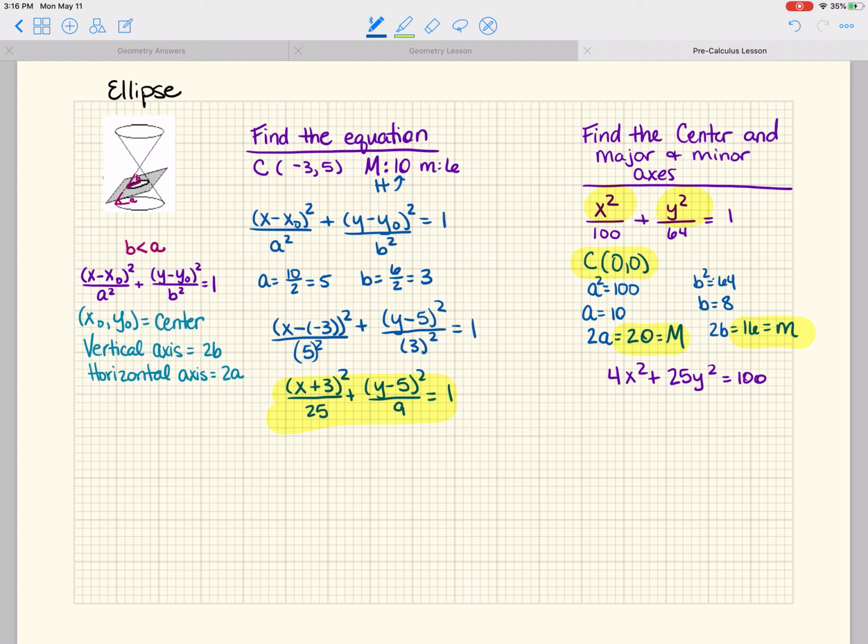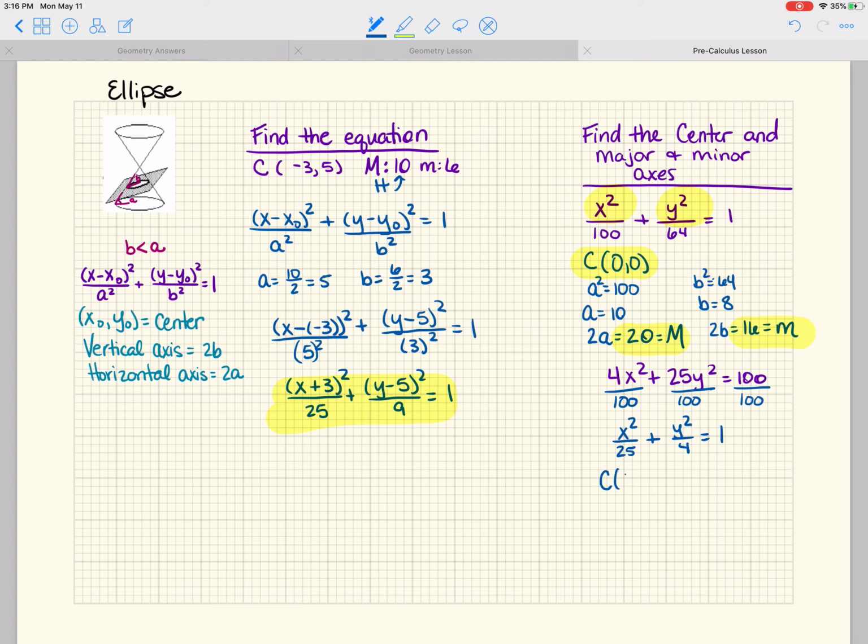Now, if you notice in this next example, we do not have the same form. It's not equal to 1. So the first thing we're going to have to do is divide everything by 100 so that we get to that same form we've been working with. So this becomes x squared over 25 plus y squared over 4 equals 1.